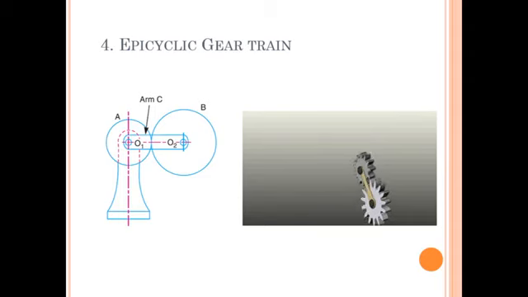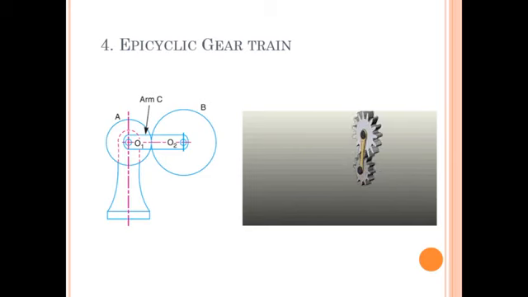The definition for this I can quote as: an epicyclic gear train is a gear train in which one gear can rotate around another gear. In the animation we can say that gear B is rotating about itself as well as about another gear, gear A. This is because these two gear axes are connected by one arm.